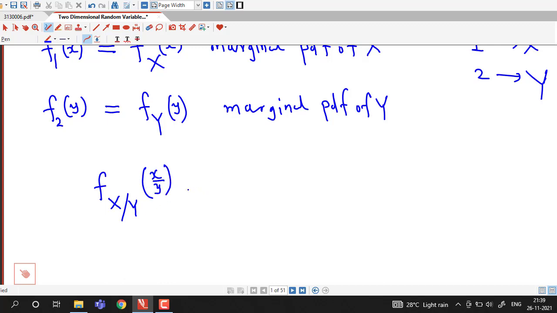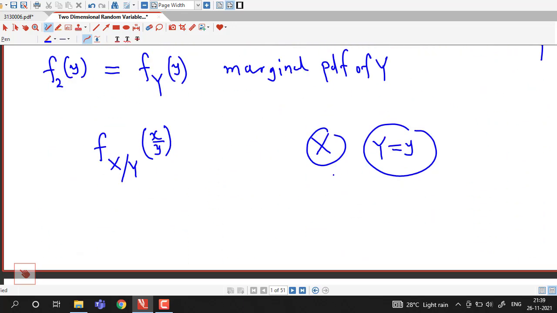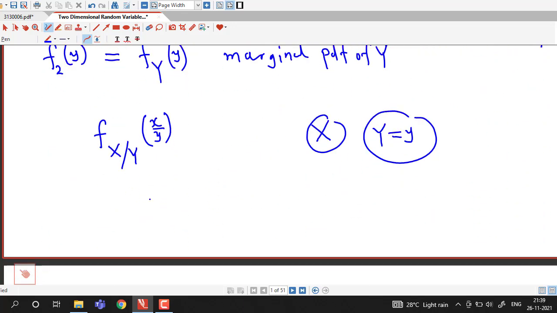This is the notation for the conditional probability density function of the random variable x given that y equal to small y. And in this question, instead of using this notation, they have used this notation for the conditional density function of x. So instead of x, they have used 1, and here they have used x by y.